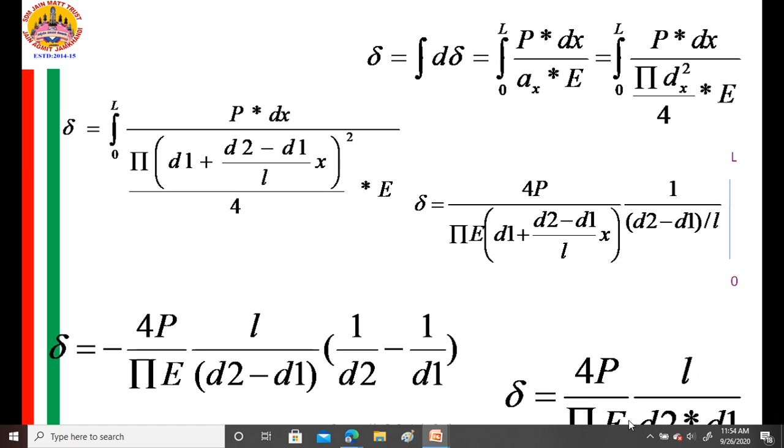P into L divided by A into E, that is for d1 equal to d2. That will give you the deformation of a uniform circular shaft. These two derivations are very important for you.